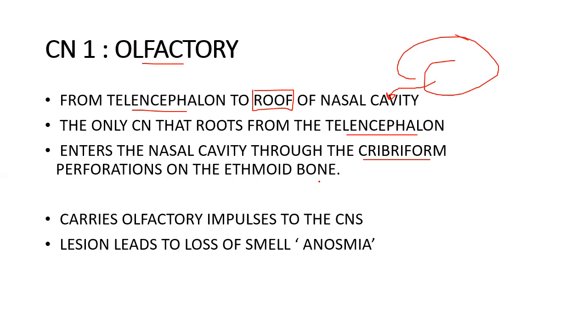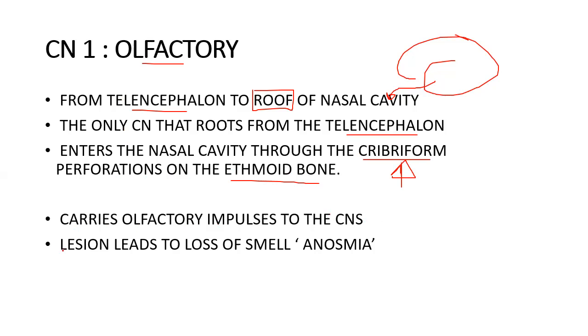When we talked about osteology, I showed you the cribriform plate, the body of the ethmoid bone, and the sinuses within the ethmoid bone. Here we're talking about the roof of the nasal cavity that is formed by this plate of the ethmoid bone. It's called the cribriform plate, and there we see perforations on it. The olfactory nerves pass through there and carry olfactory impulses to the central nervous system.